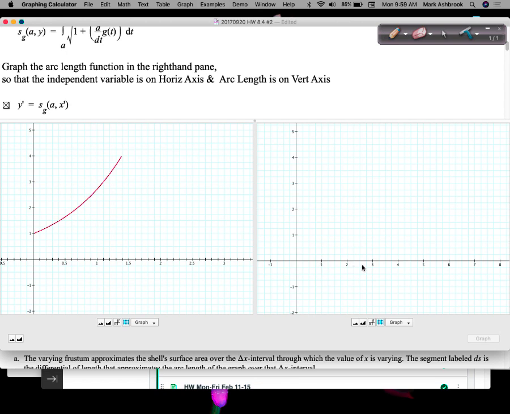As we increase in our y value up here, what's going to happen to the arc length? Increase, right? So it's going to be something like this. Let's turn it on. And we want this from 1 to 4, now on the graph, x.